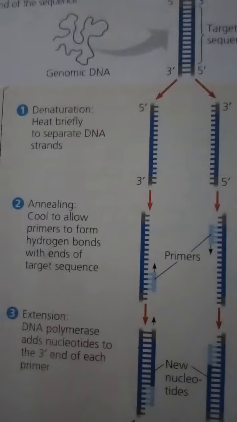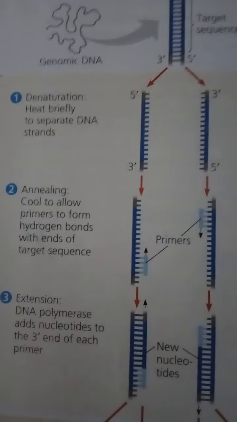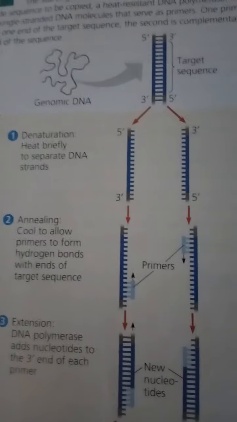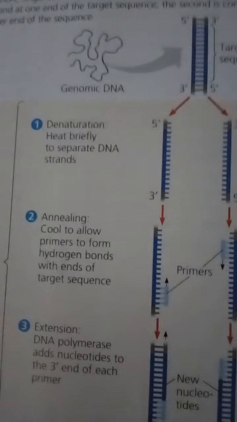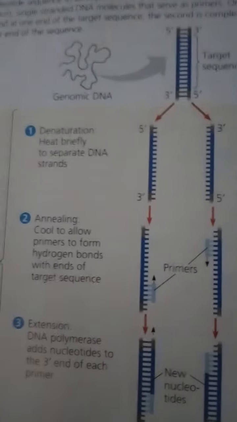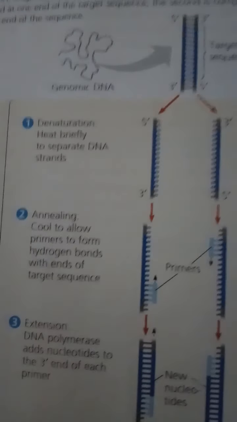Just as impressive as the speed of PCR is its specificity. Only minute amounts of DNA need be present in the starting material, and this DNA can be in a partially degraded state. The key to this high specificity is the primers, which hydrogen bond only to sequences at opposite ends of the target segment.